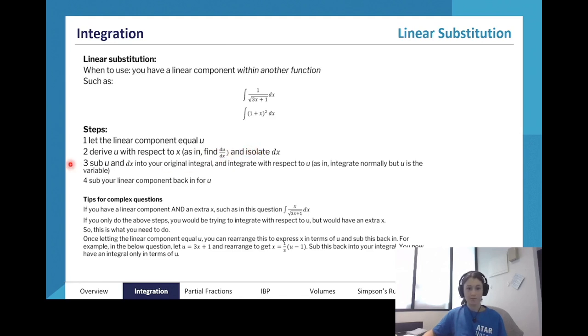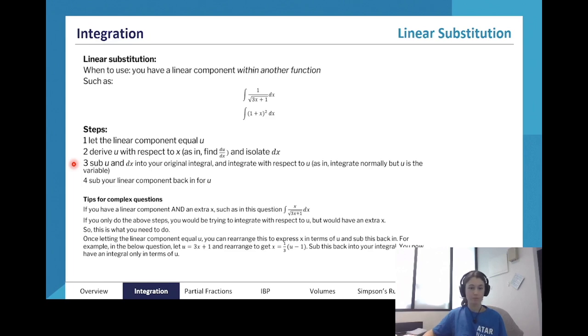Don't worry if you're getting too mixed up with these right now. We are going to go over a few examples. The third step is to sub u and dx into your original integral and integrate with respect to u.